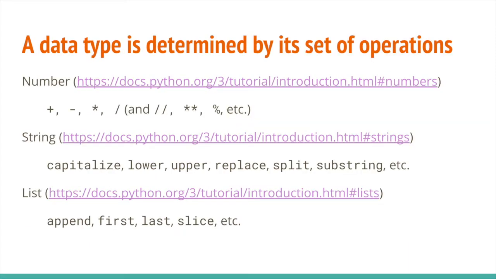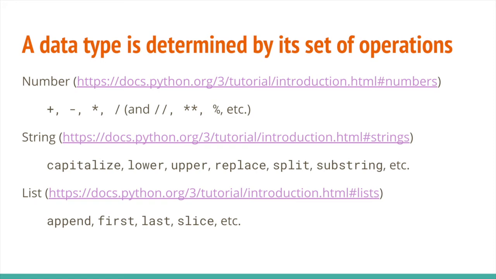A data type is determined by its set of operations. So for numbers, we can do add, subtract, multiply, divide, as we would expect. And there are many other operations that a programming language supports on numbers, such as floor division, exponentiation, modulus, and others. The string type has an even larger range of operations.